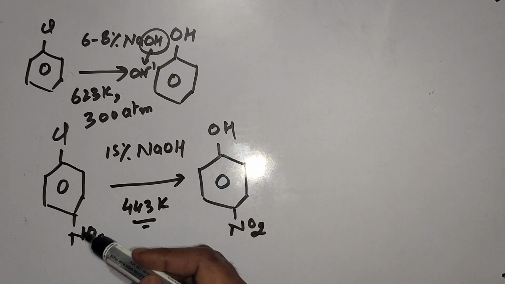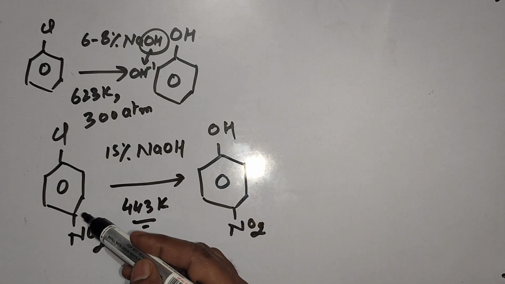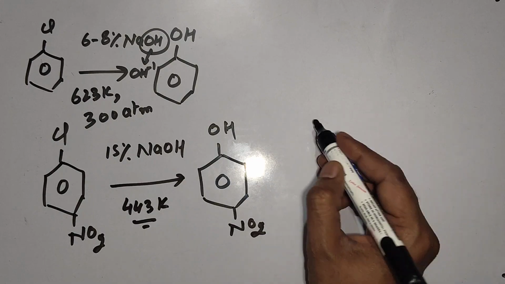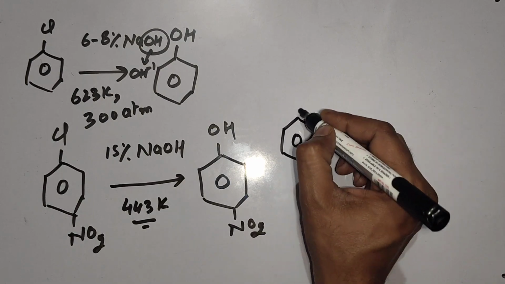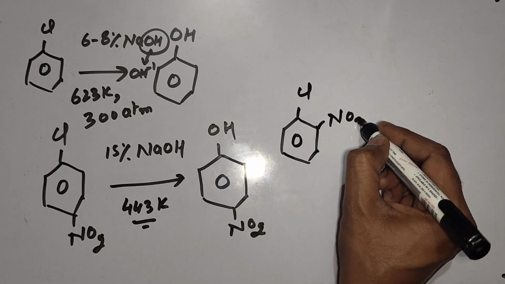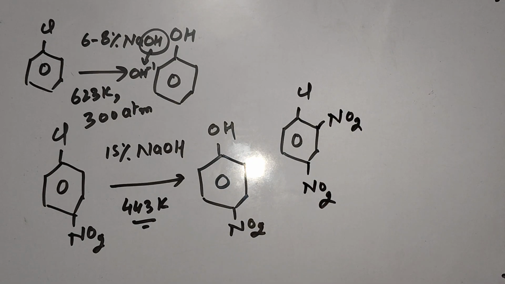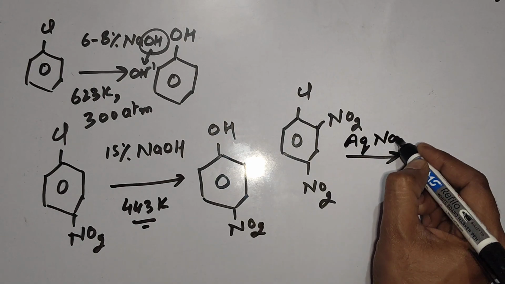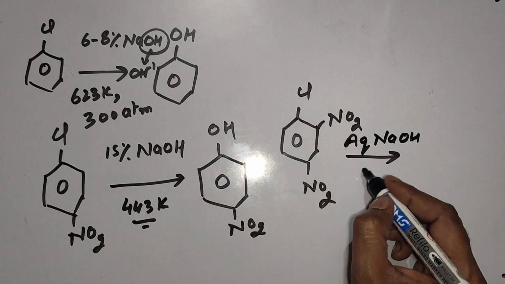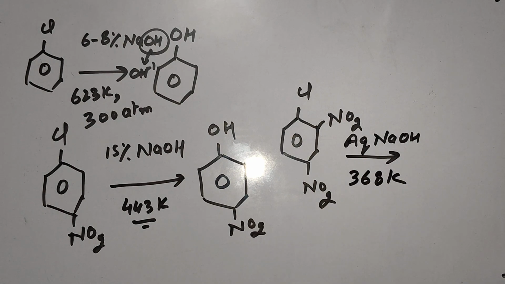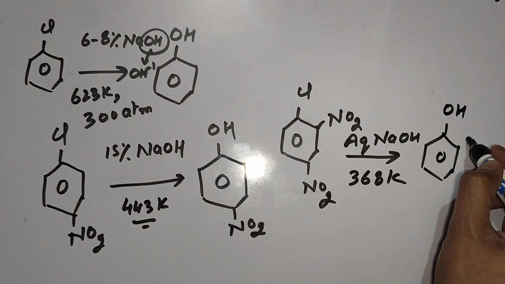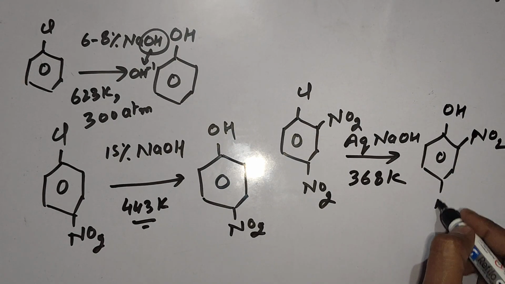Why? Because now we have NO2 group with us on what position? Para, which is making haloarene more reactive toward nucleophilic substitution reaction. If you increase the number of electron attracting groups like this one on ortho as well as on para, check the condition: only a dilute NaOH solution is required, and only 368 Kelvin temperature, which will convert chlorine to OH.